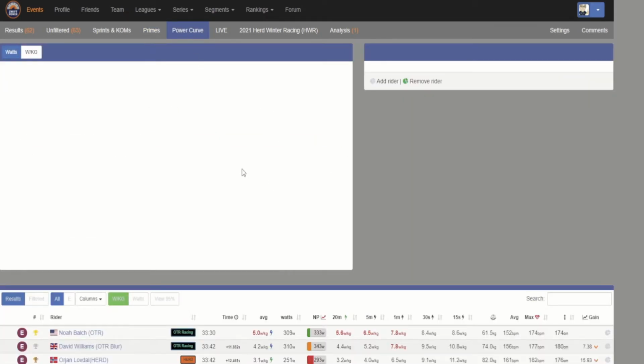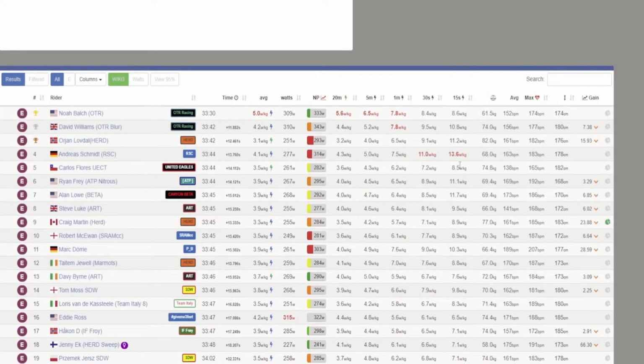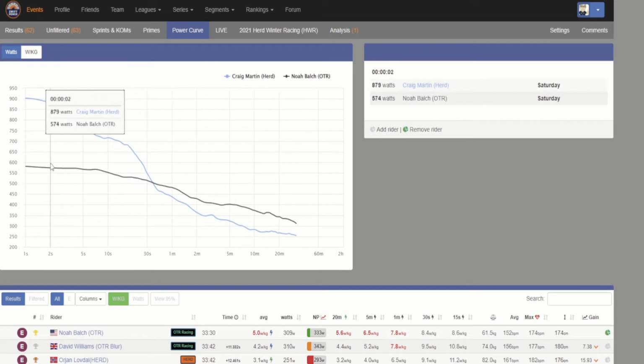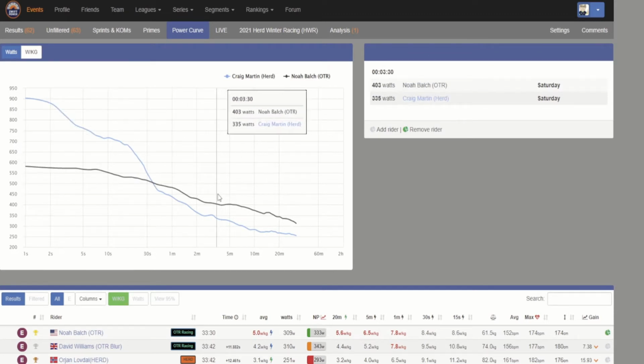Now what I can also do is go see power curve. This is where you can have different riders. So I can put myself and, let's say, the winner, and we can see in watts. Noah, for anything greater than 35 seconds, had a lot more watts, and 20-minute power, 343 to 267.